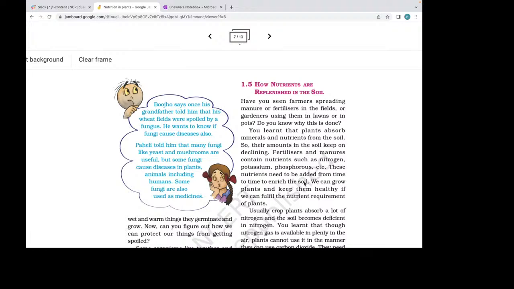ओके, सो बेसिकली टू एनरिच द सॉइल we need to add these fertilizers to enrich the soil.